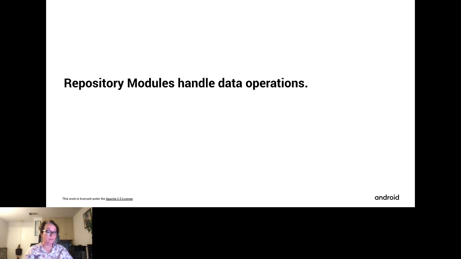And whether or not you architect your app with a repository pattern, you are still retaining data. So no matter what app you're working on, you will most likely have something of a repository module that is handling all of your data that's separate from a lot of the other concerns that your app might have.